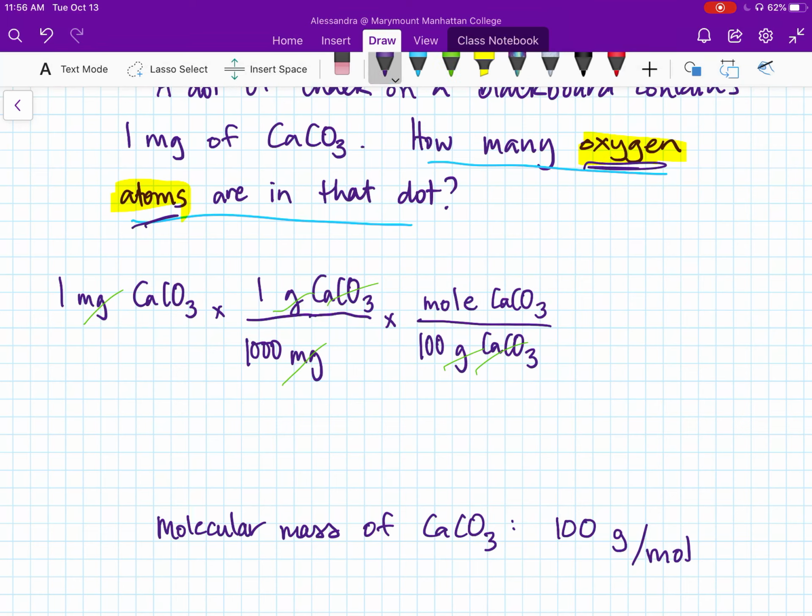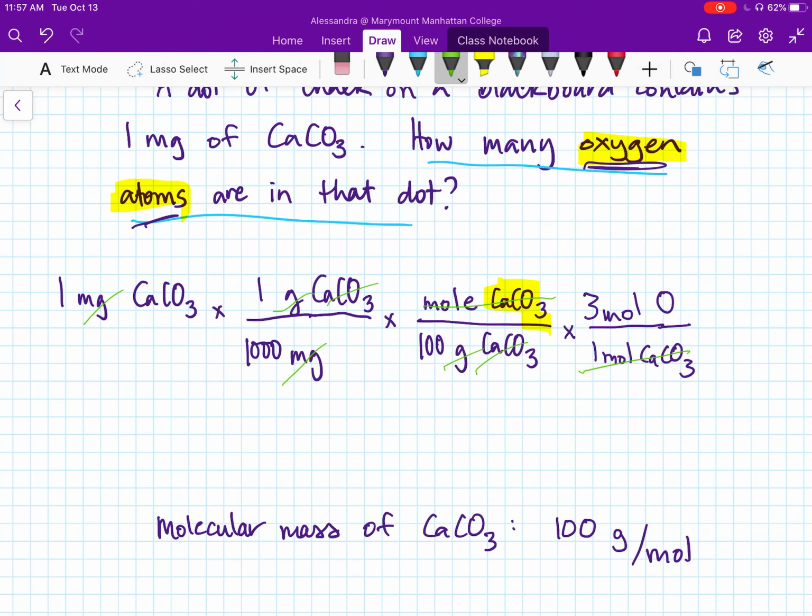But I'm interested in the number of oxygen atoms. So looking carefully at the formula for calcium carbonate, I can see that for every 1 mole of calcium carbonate that I have, I'm going to have 3 moles of oxygen. Okay, simply because there are 3 atoms of oxygen in that formula for calcium carbonate.